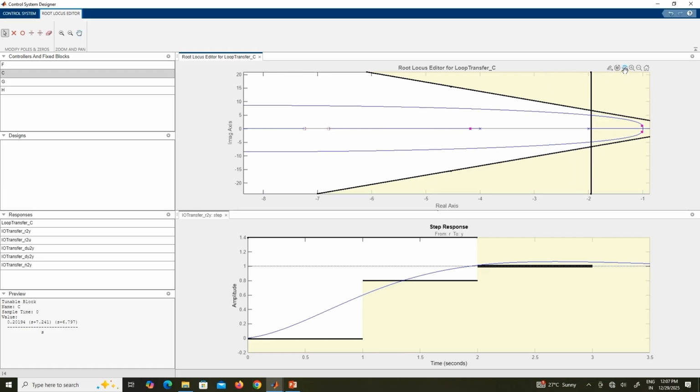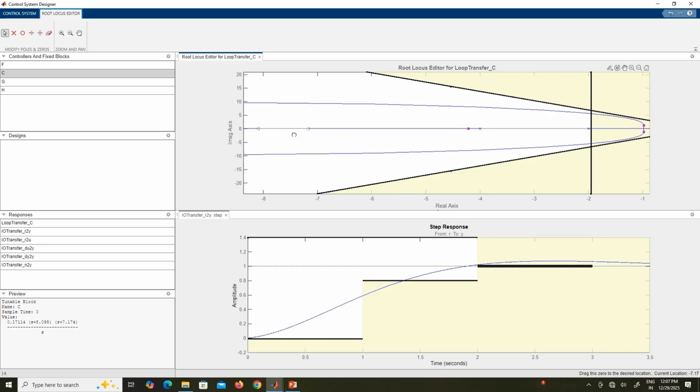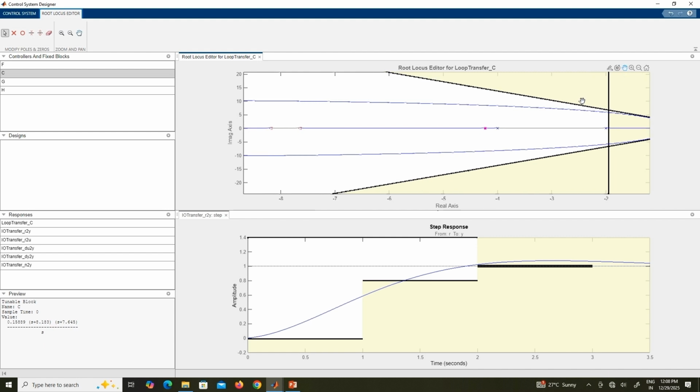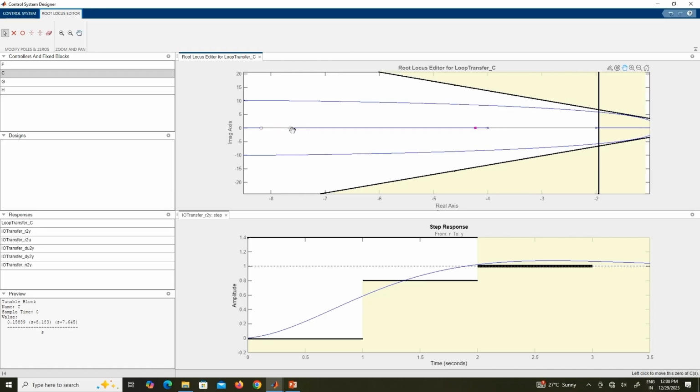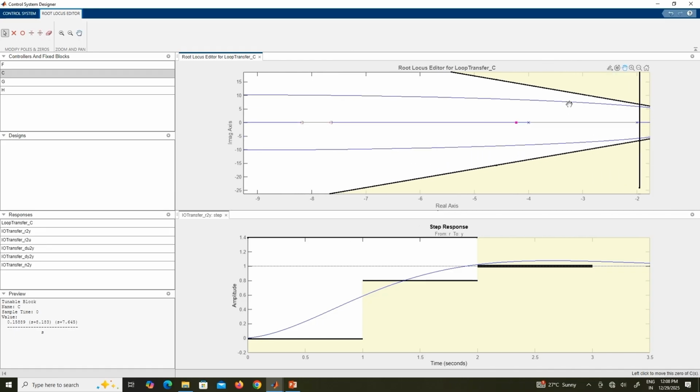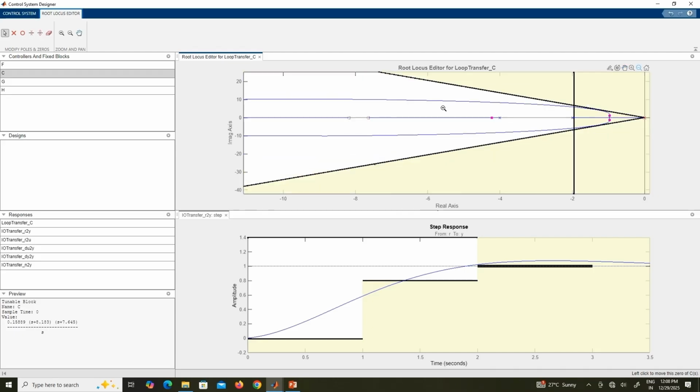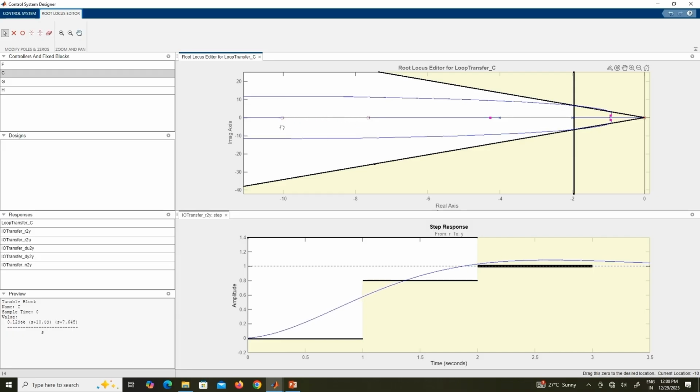We can change this, because we are designing this. So, see, by changing this I am able to change this. Let me just drag it further. So, approximately now the root locus passes through that point, right?